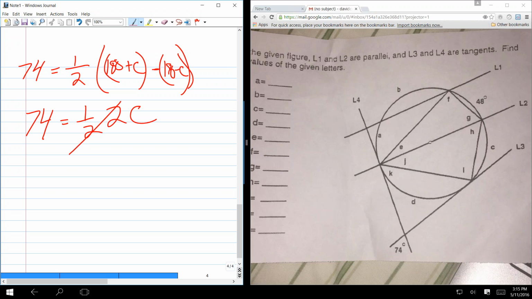What's D? 106. Okay, so now we've figured out the measurement of all of the outside of the circle. I wonder what they mean by K. Oh, they mean that angle.